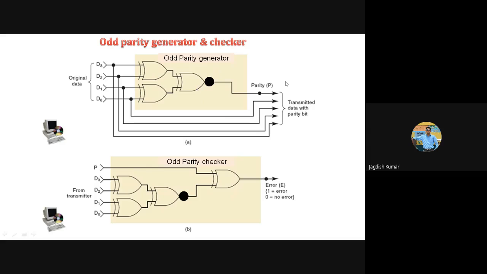And this will make the overall transmitted data have odd parity. Similarly, you will have an odd parity checker, same idea. And that is how we can employ either even parity or odd parity system.